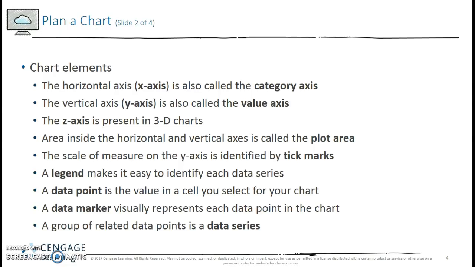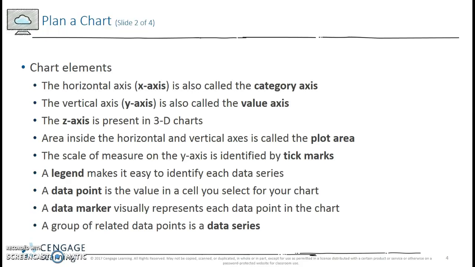The way that I keep those straight is horizontal axis is when you're looking at the horizon, you can see that it goes from left to right. So that's how I remember the horizontal axis as the x-axis. And you're going to determine the category when you're creating a chart, and like the y-axis, which goes up and down, that'll be the value.